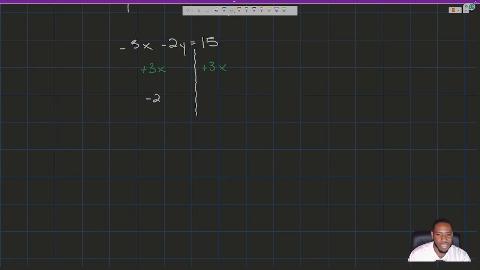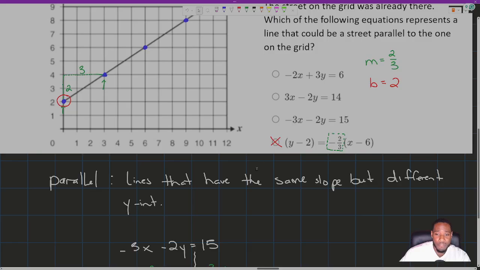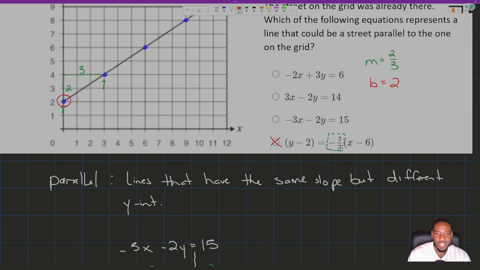And so we have negative 2y is equal to 3x plus 15. And we just divide everything by negative 2. Three x over negative 2 is negative 3 over 2x. And you see the problem right there already. 15 divided by negative 2 is negative 7.5. So in this case, neither the slope or the y-intercept, well, the y-intercept does work, but the slope doesn't work. For our slope, we need it to be exactly the same, so 2/3. So the second answer choice from the bottom also doesn't work.